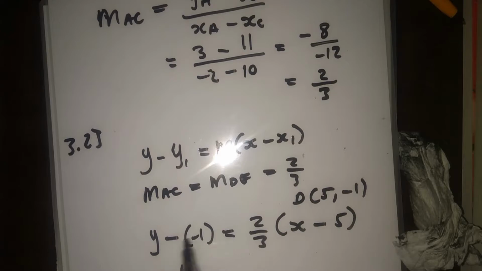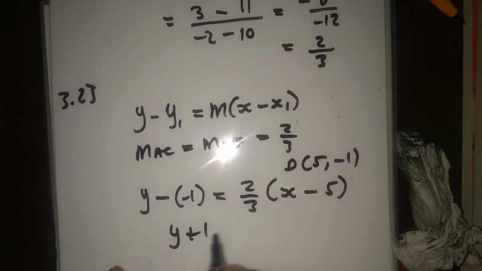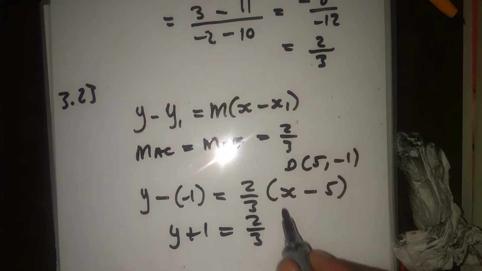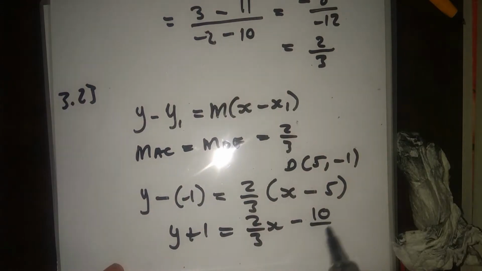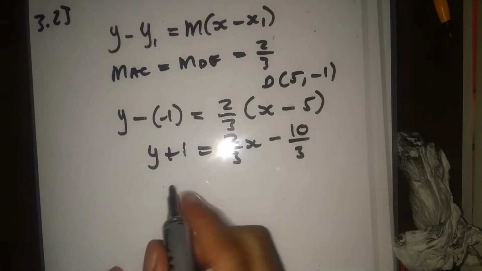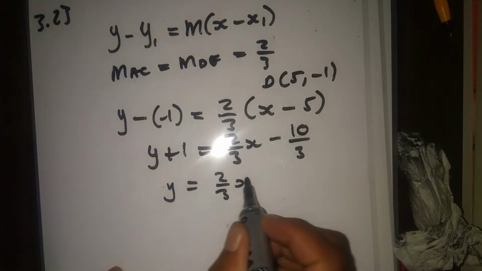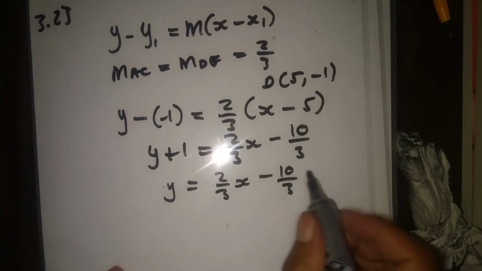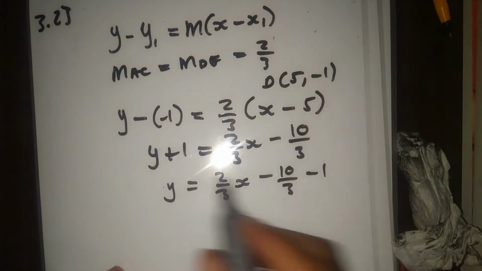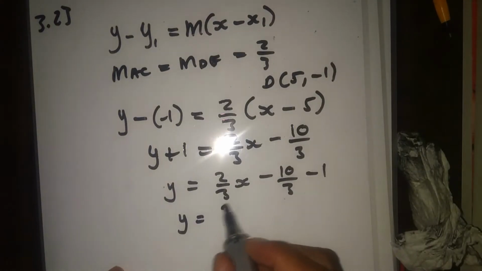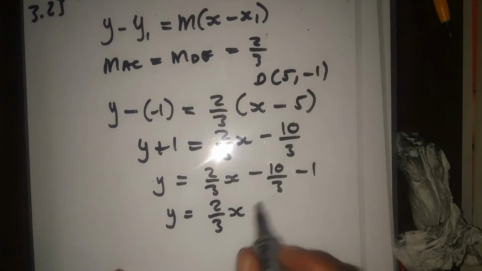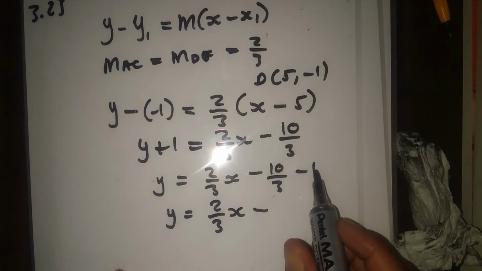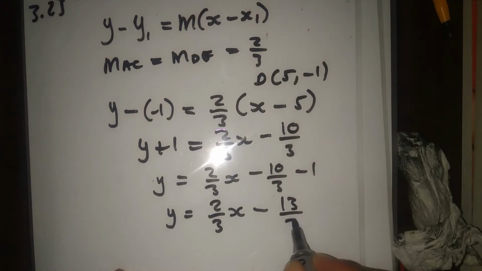y1 is minus 1, equal to the gradient 2 over 3 times (x minus x1, which is 5). So y, negative times a negative, positive 1. So it's 2 over 3 x, 2 over 3 times 5 is minus 10 over 3. And then y is equal to 2 over 3 x minus 10 over 3 minus 1. I'm transposing this one. So y equals 2 over 3 x, minus 3 times 1 is 3, minus 10 minus 3 is minus 13 over 3.